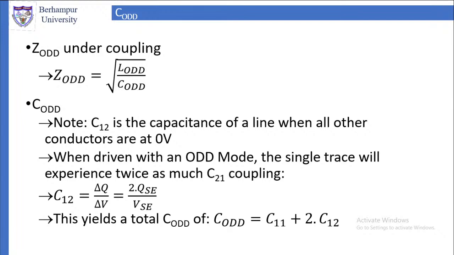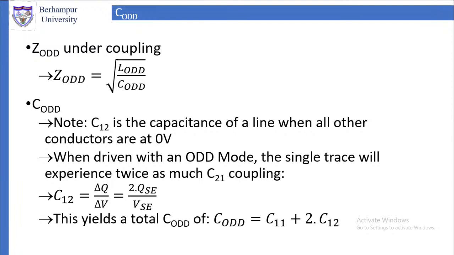Why will it experience twice? Because the charge is doubled. In the odd mode, the charge is doubled, so C12 is equal to delta Q by delta V, which is 2 Q by 2 V.